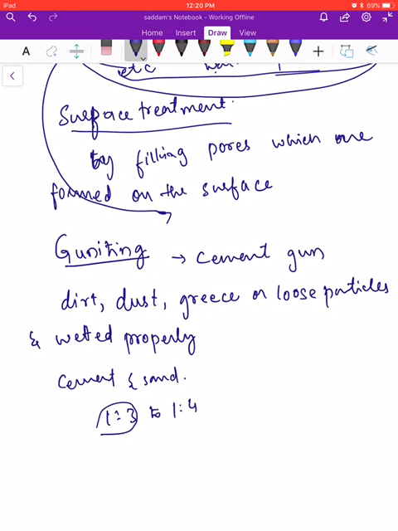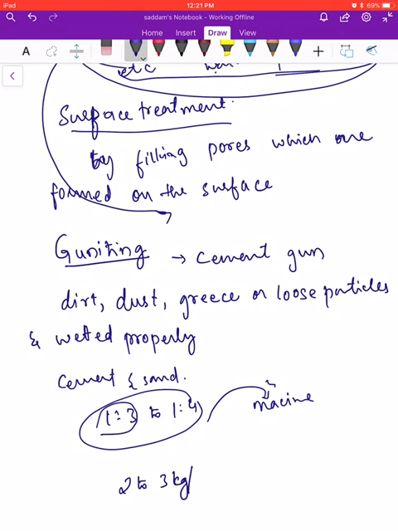Then this mixture is fed into the machine, the cement gun. After feeding the machine, the mixture is finally shot on the prepared surface under a pressure of 2 to 3 kg per meter square.